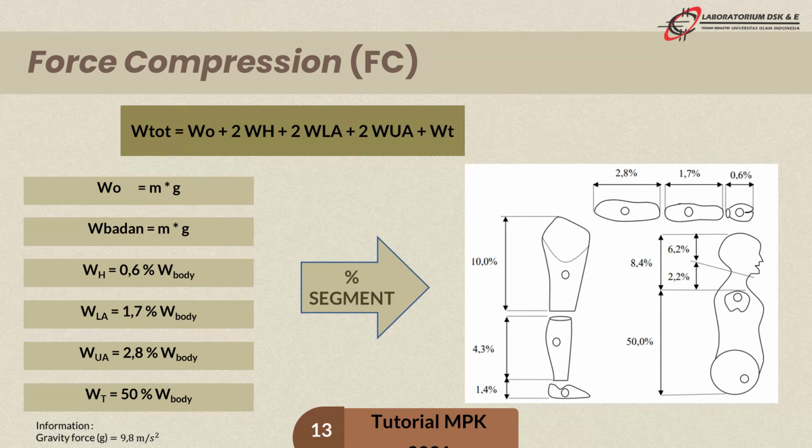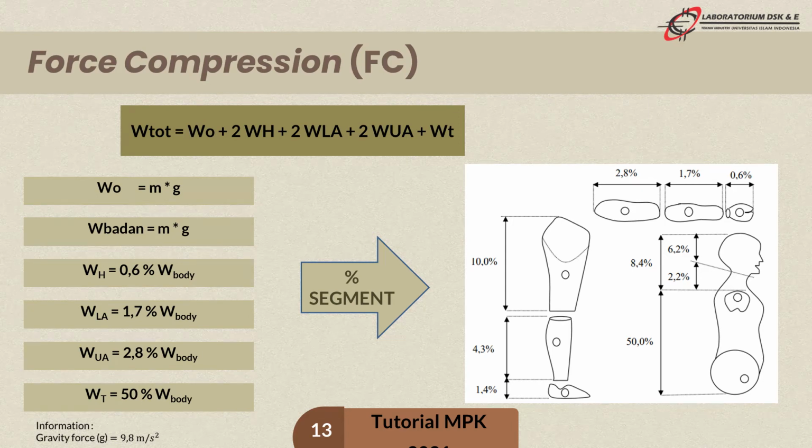In the calculation of object weight and body weight, the gravitational force used is 9.8 meters per second squared. For the calculation of weight in a body segment, it is the percentage of each segment multiplied by the body weight.